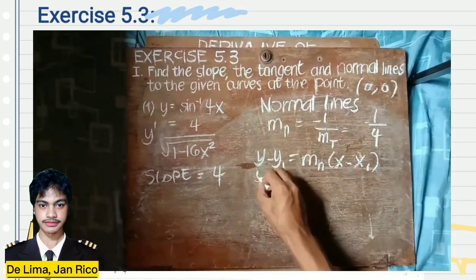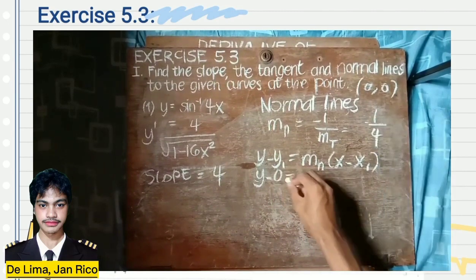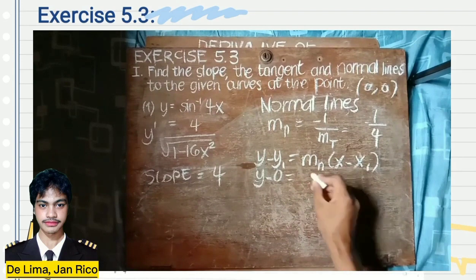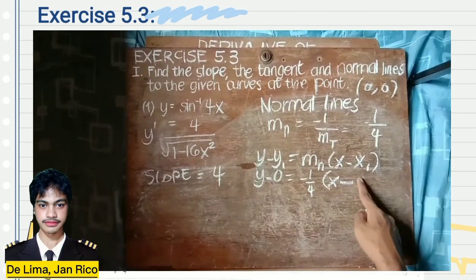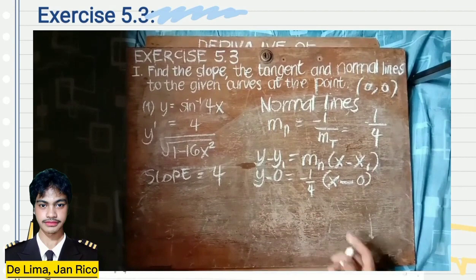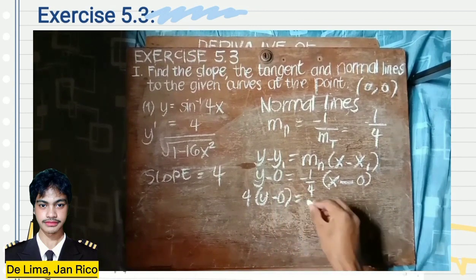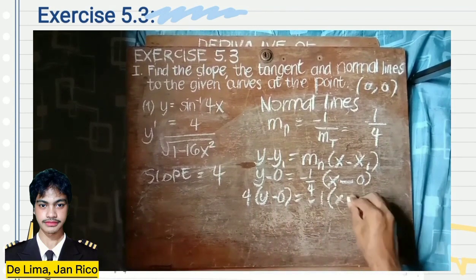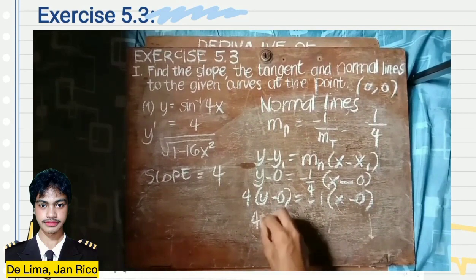Then, substitute. Y minus 0 is equals to m sub n, which is equals to negative 1/4 times x minus x sub 1 is equals to 0. Then, ang gagawin natin dito is ililipat natin itong 4 dito, which would be equal to 4y minus 0 is equals to negative 1 x minus 0. Then, multiply, which would be equal to 4 times y is equals to 4y.